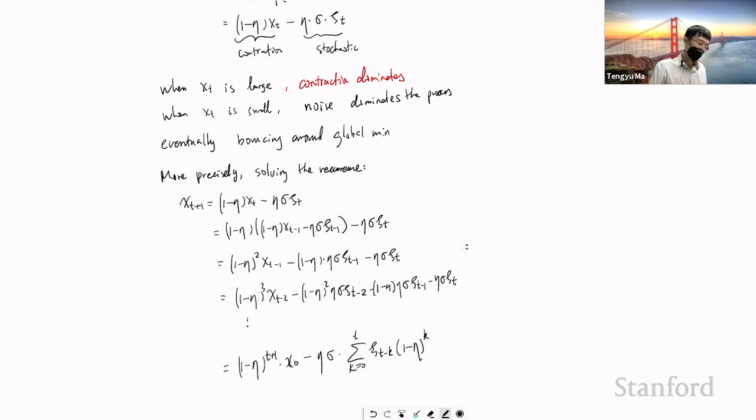So one thing is that this is a very strong contraction. This is the contraction part.